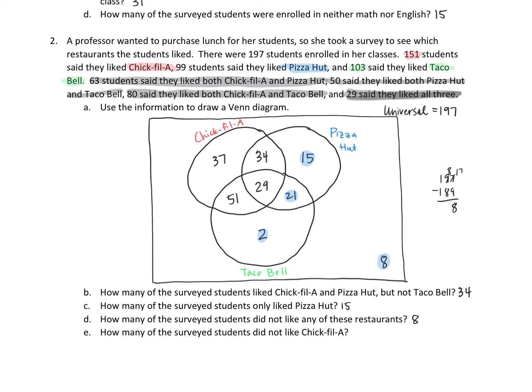So that 8 is also not in the Chick-fil-A circle. So we would add up those numbers, 15, 21, 2, and 8. And we would get 46. So 46 of the surveyed students did not like Chick-fil-A.